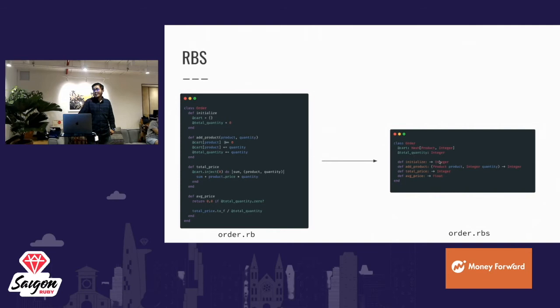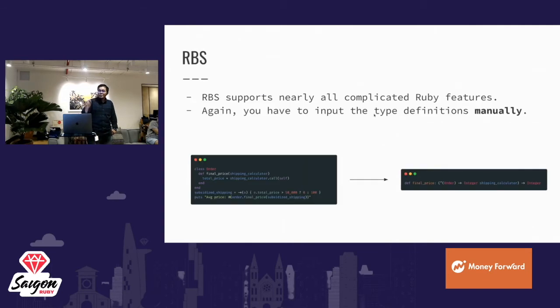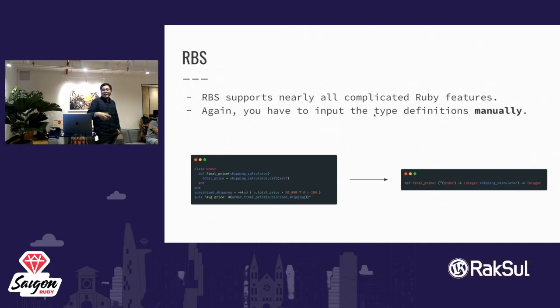When RBS was introduced, Ruby supported nearly all the complicated Ruby features. For example, this is a really complicated example. Now we add final price to the class order. The final line here receives a block, a lambda that receives an order and returns an integer.